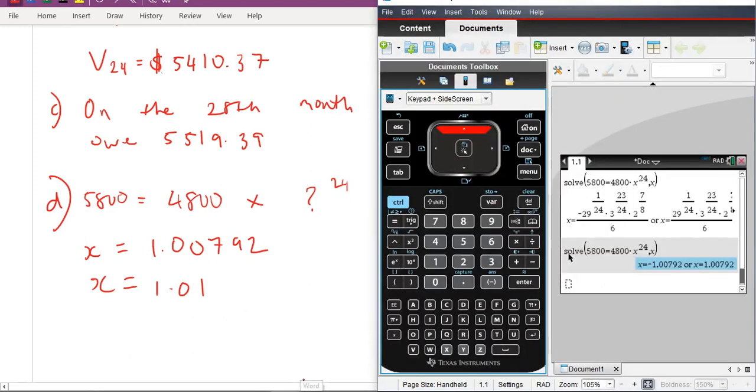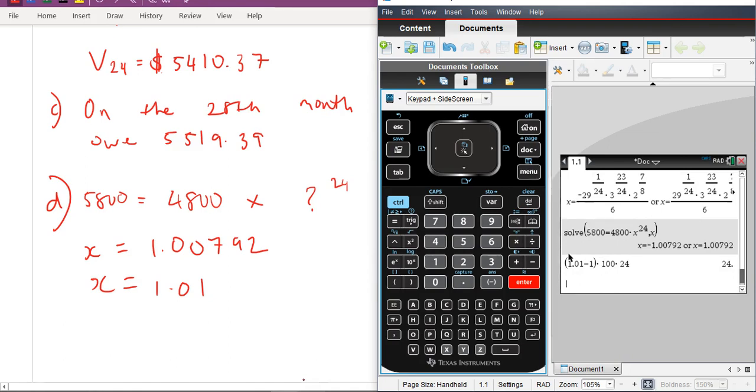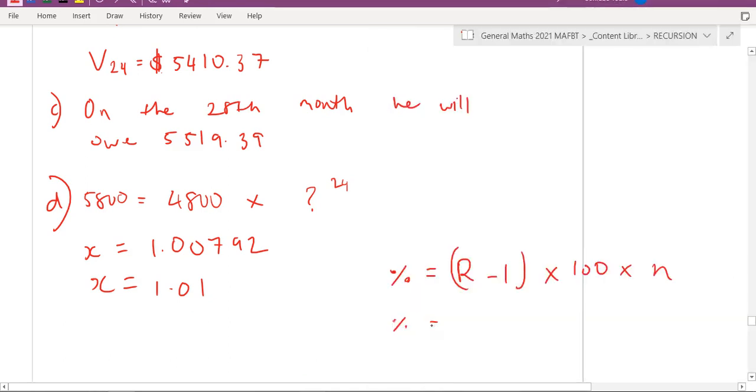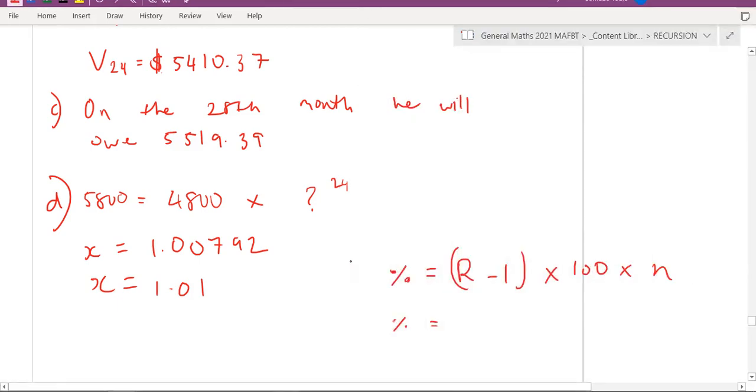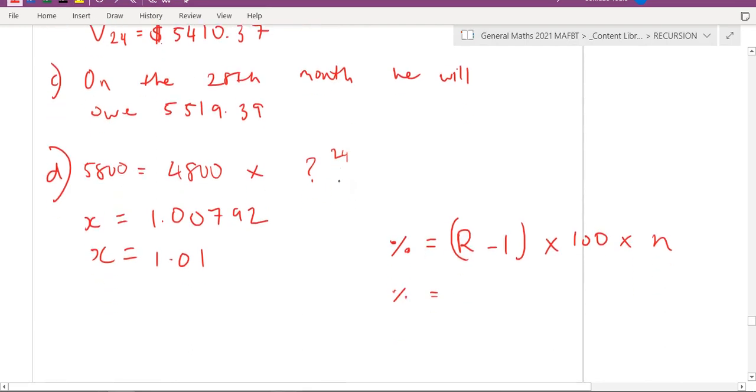So 1.01 minus 1, multiplied by 100, multiplied by 24. Oh wait, do you write 24?